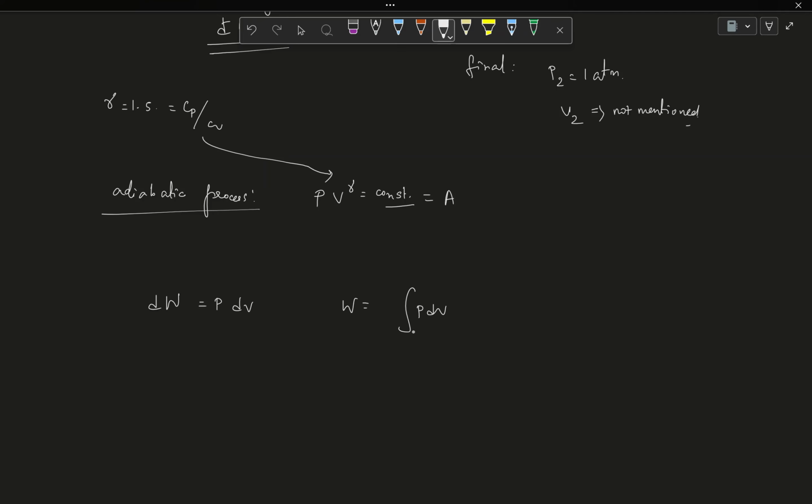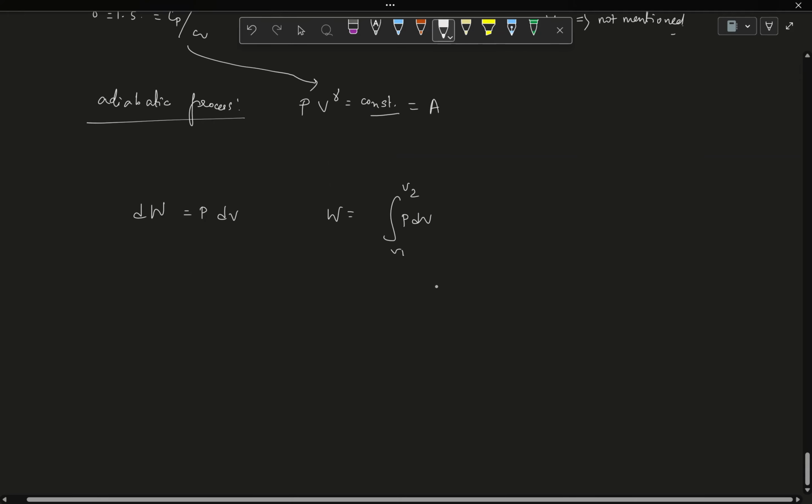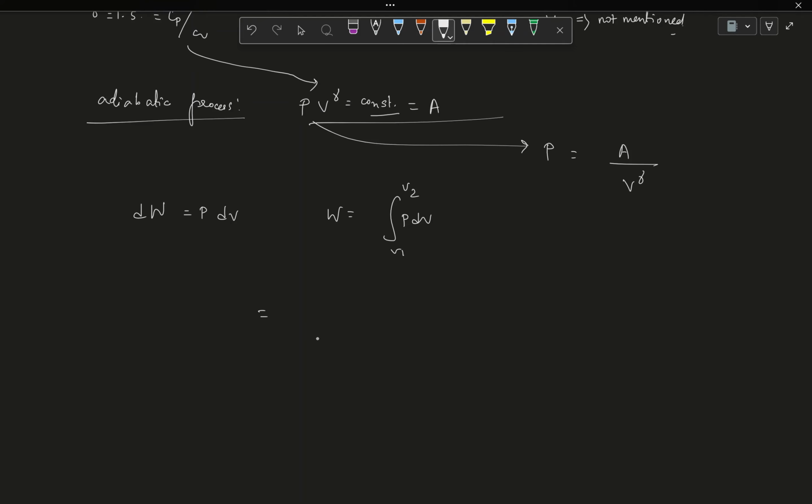So your W will be the integral of PdV from V1 to V2, initial volume to final volume. Now you have to integrate over V, so you can convert your P into the form of V using this expression, where P is simply A by V to the power gamma.